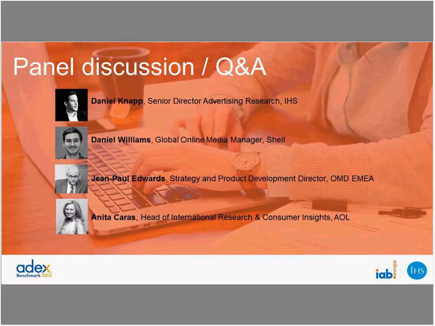Very clearly we can see how different players in the value chain try to establish direct relationships with consumers, how interruptive advertising is being supplemented by storytelling, and AOL is a great example here as well. Acquisitions, both in content and in the tech space, are really building new ecosystems and new powerhouses.